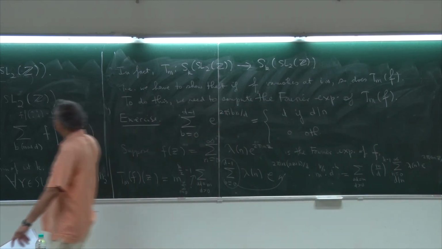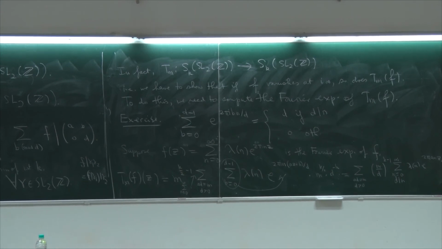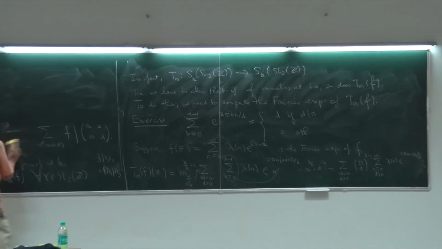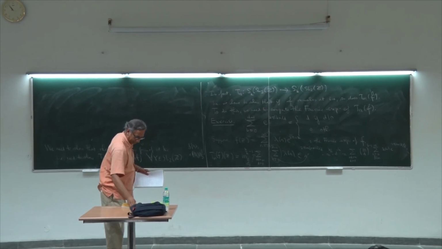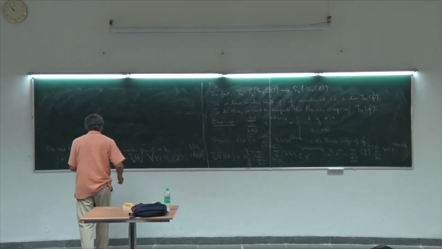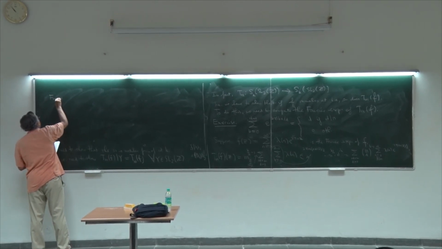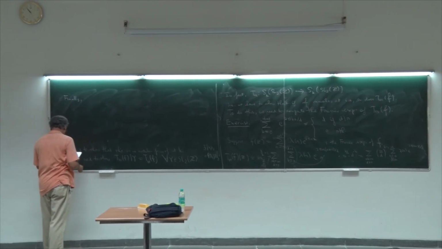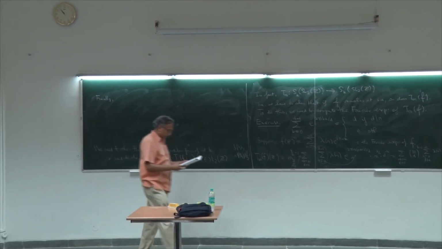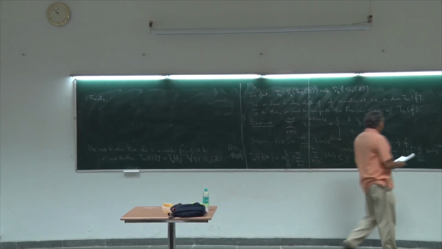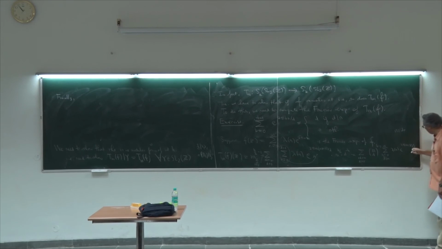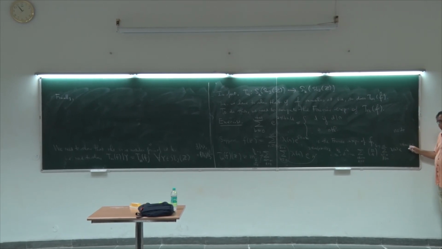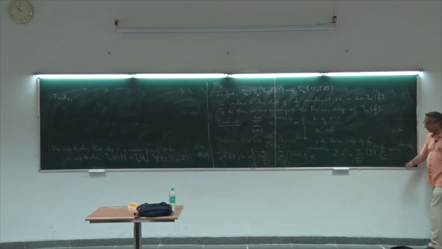So finally, collecting terms, you see, d divides n, so write n as d times r, so that n over d is just r, and it's a summation over r going from 0 to infinity.